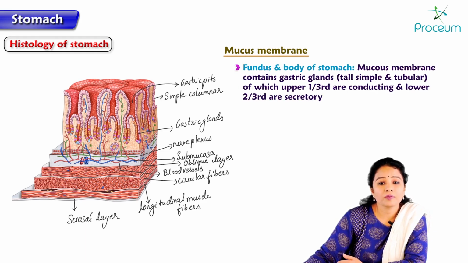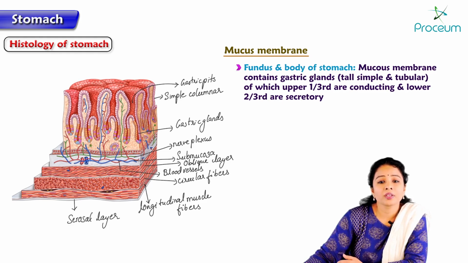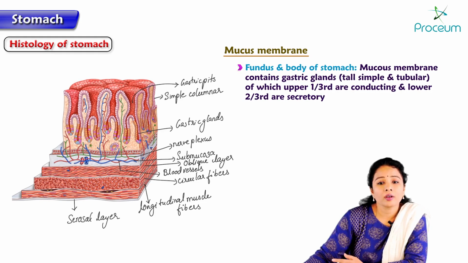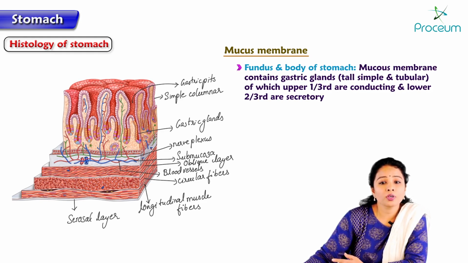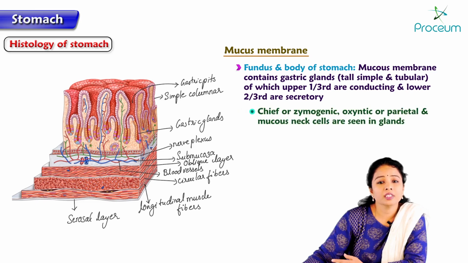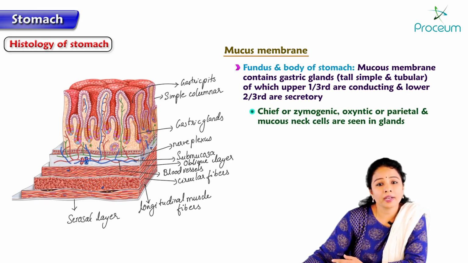Fundus and body of the stomach: the mucous membrane contains gastric glands, which are tall, simple, tubular glands, of which the upper 1/3 are conducting and the lower 2/3 are secretory. Chief or zymogenic, oxyntic or parietal, and mucous neck cells are seen in gastric glands, which are present in the fundus of the stomach.